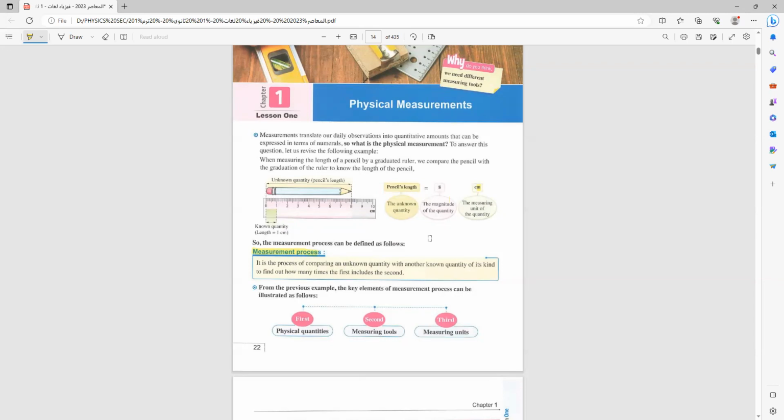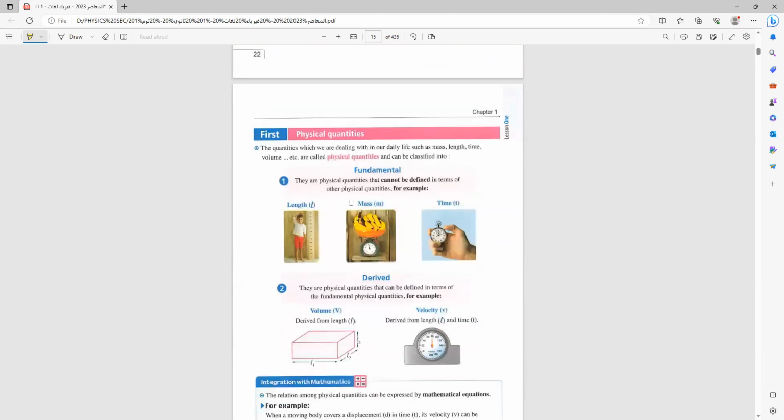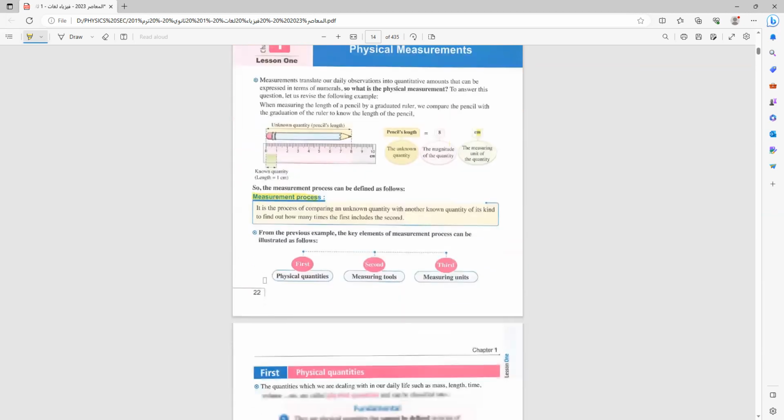It means that all of us know what 1 gram is. So the mass of this small golden ring equals 5 from this known quantity, gram. The mass of a banana equals 2 kilograms. All of us know the quantity of a kilogram, and the mass of the banana is 2 from this known quantity. This is the meaning of the measurement process.